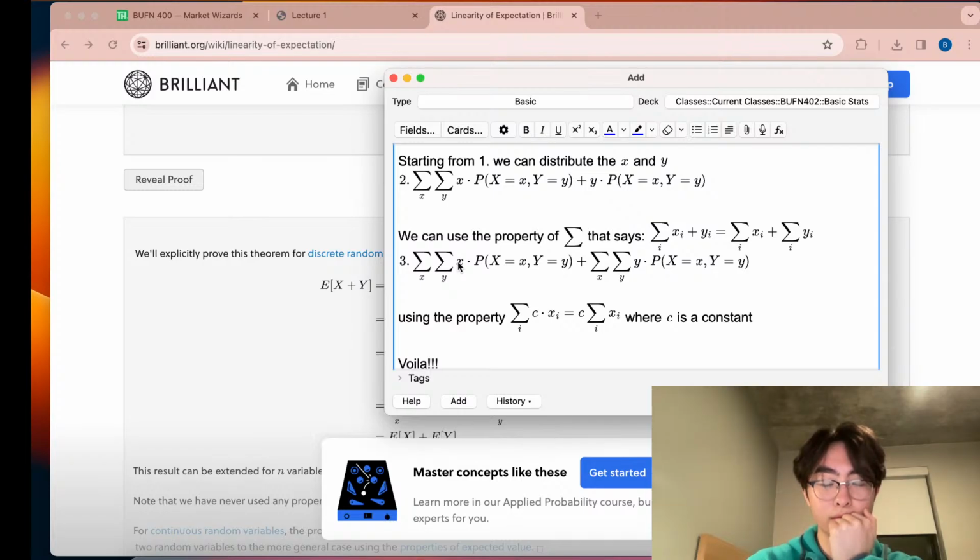I think within this summation, y is not a constant, but I think you can flip the two.